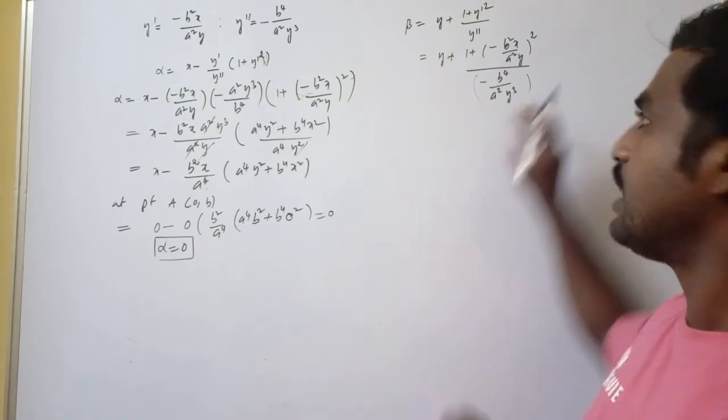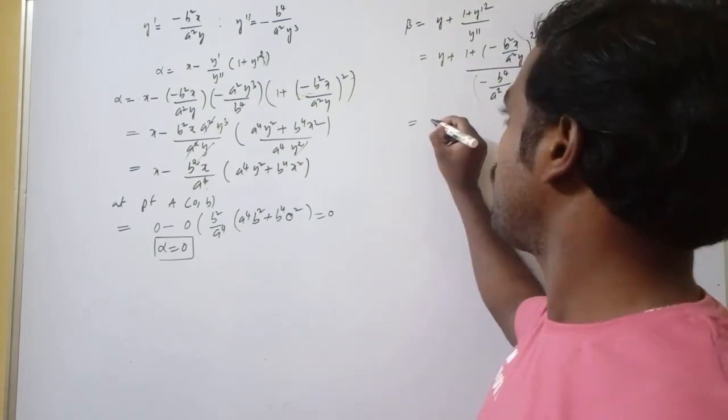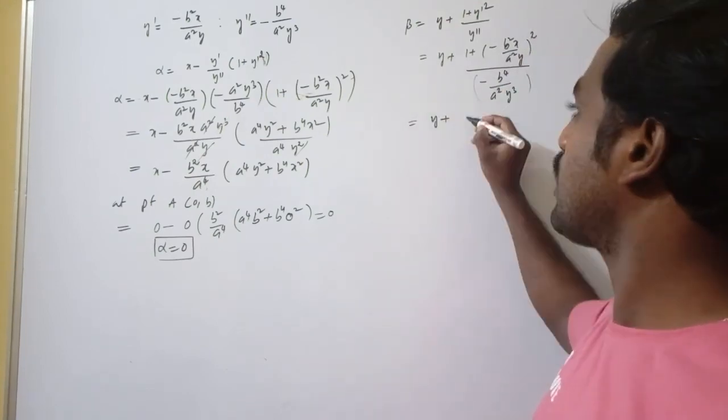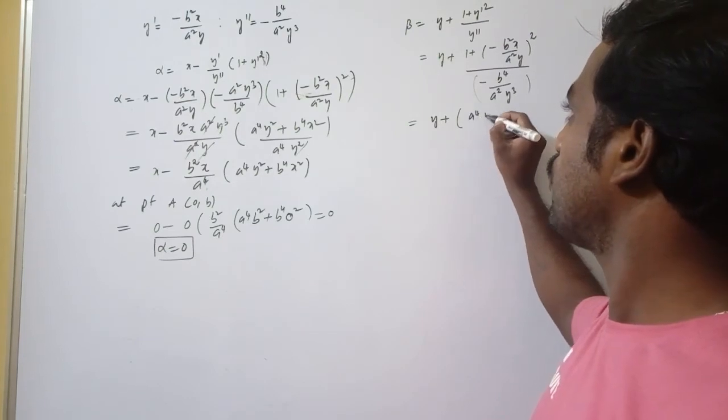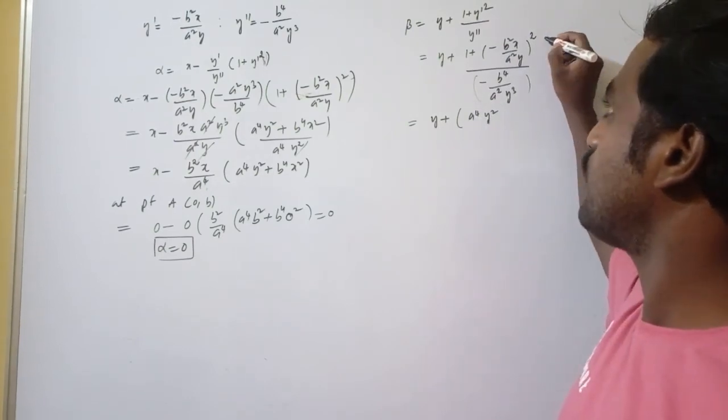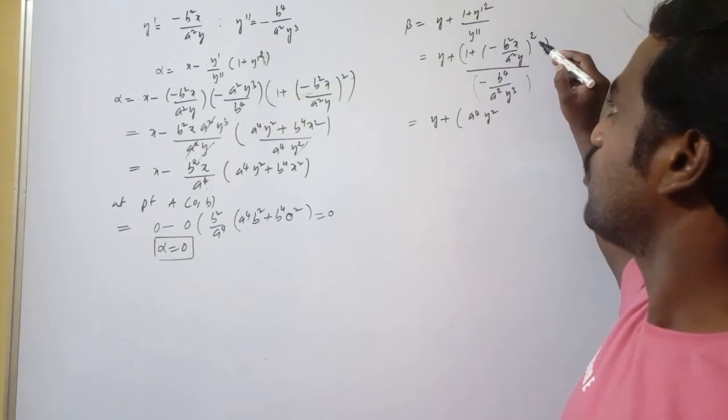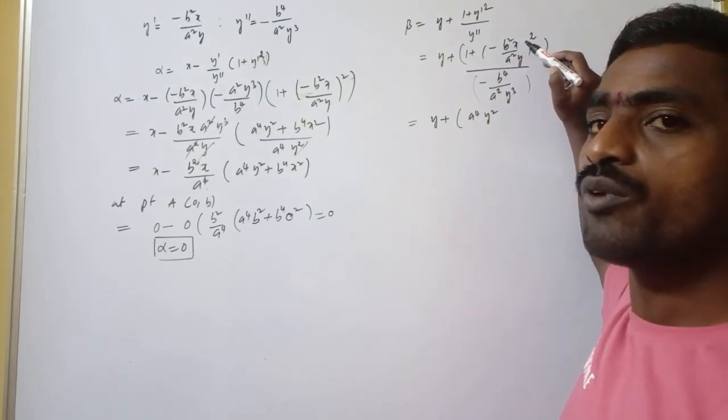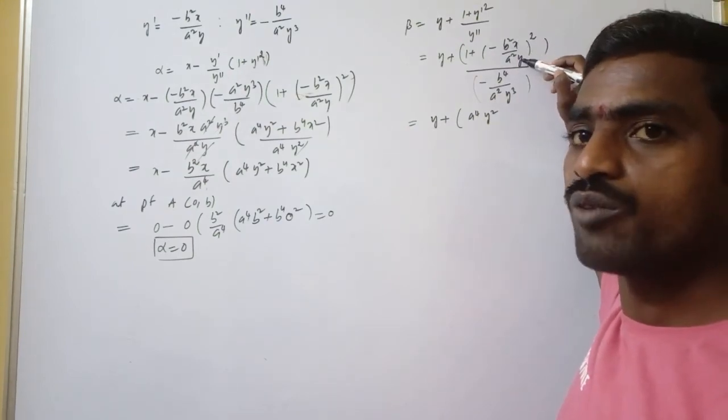Otherwise we can write the reverse in the product. So finally, y plus, the term is a power 4 y power 2, y whole power 2 actually. b square will convert to b power 4 and x power 2. The denominator is a power 4 into y power 2.